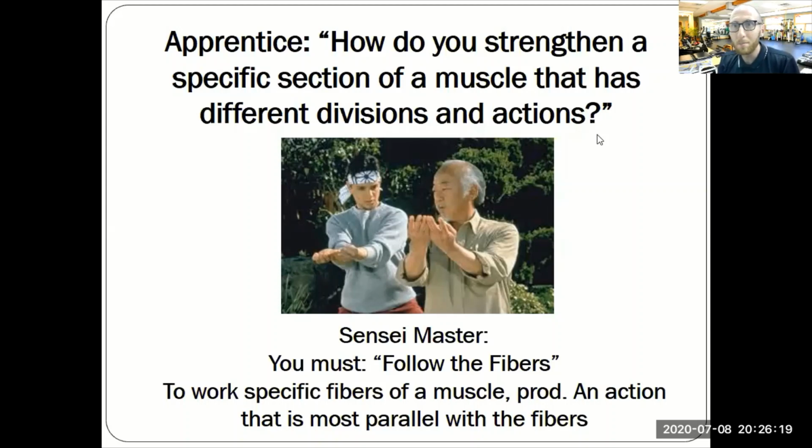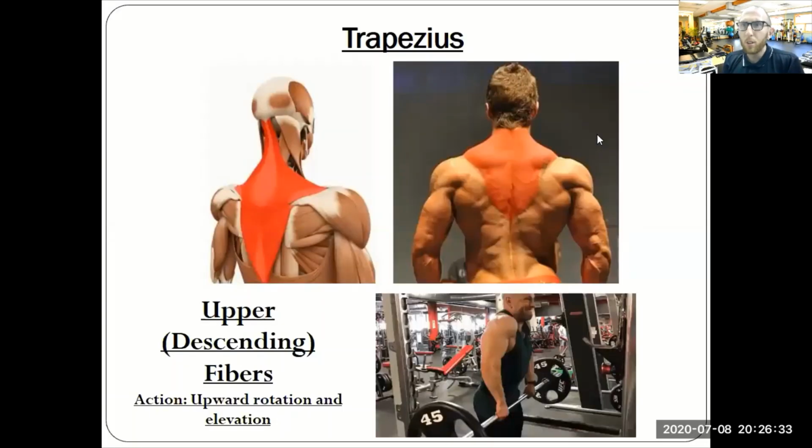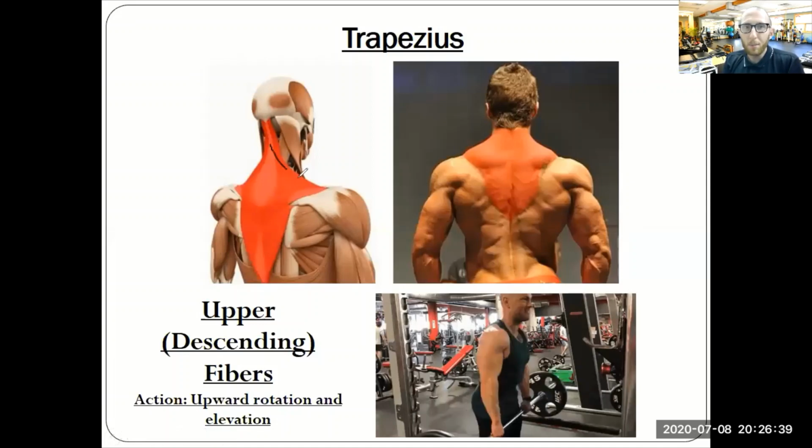Here's what I mean. If we're looking at the trapezius and we want to look at the upper fibers, and the upper fibers travel like this, and you perform an action that lifts up the shoulders and maybe even brings them in a little bit, these arrows are traveling most in line with those upper fibers.